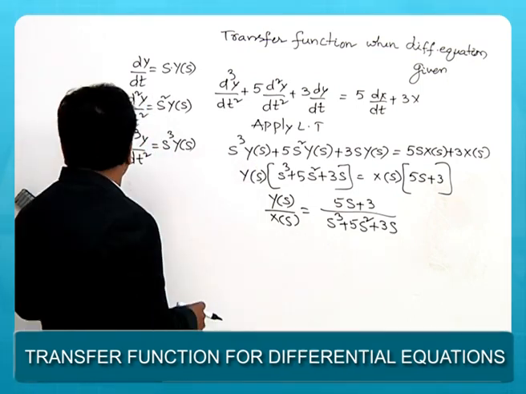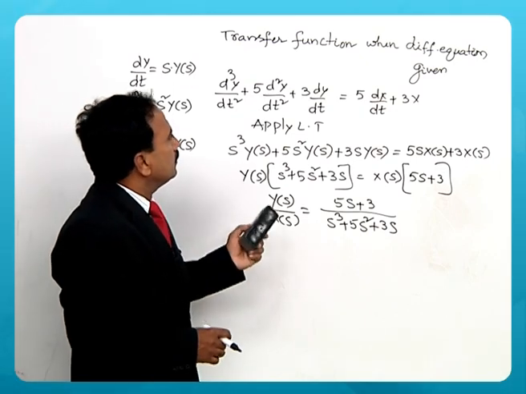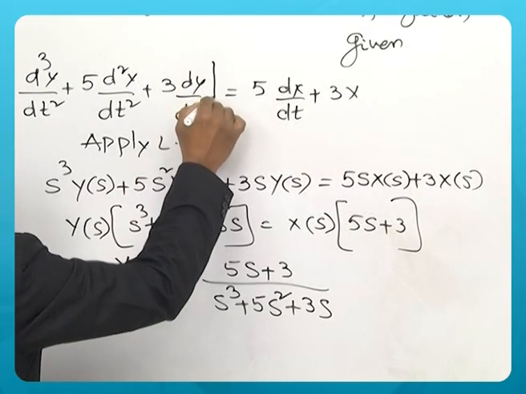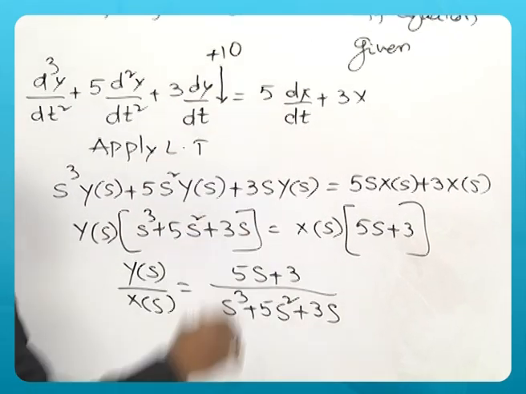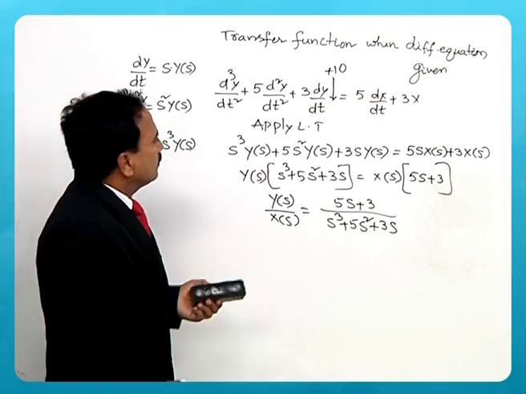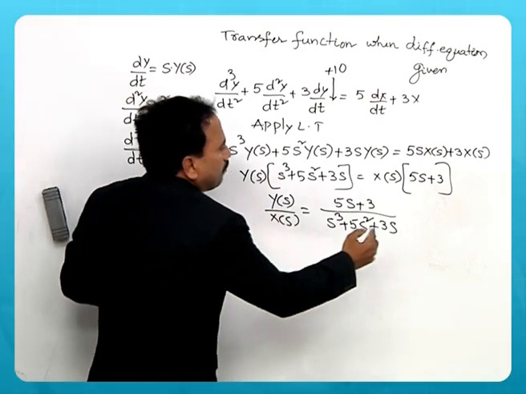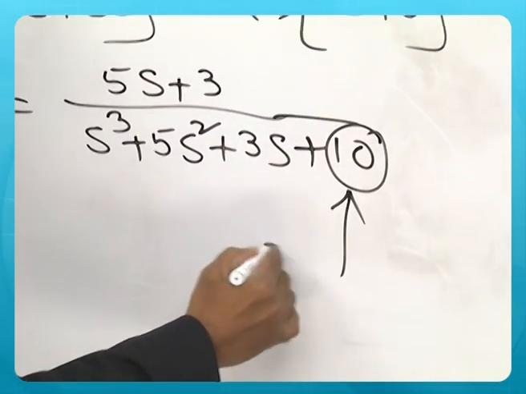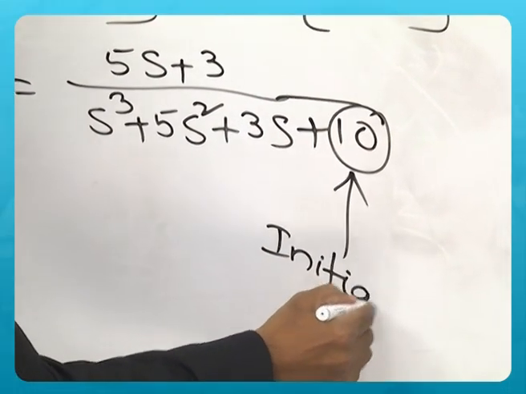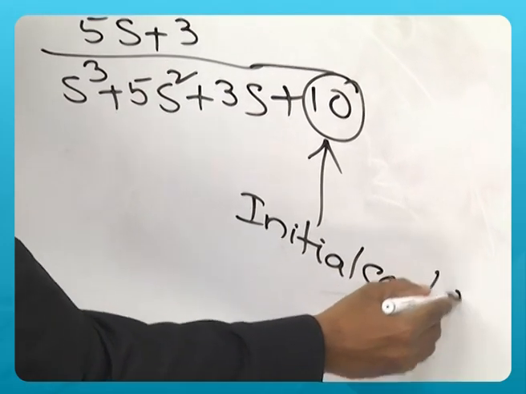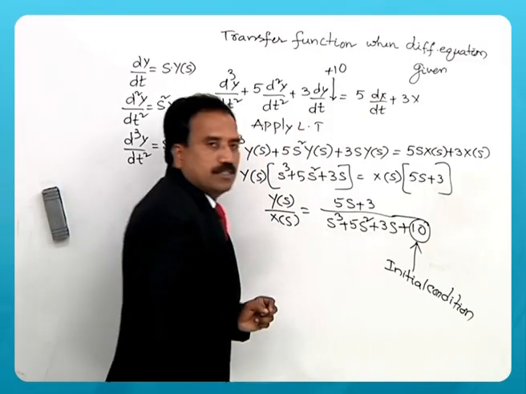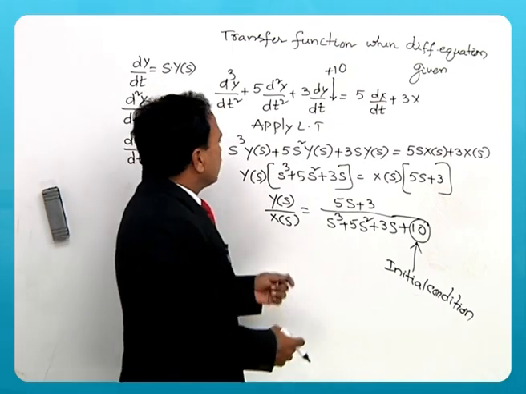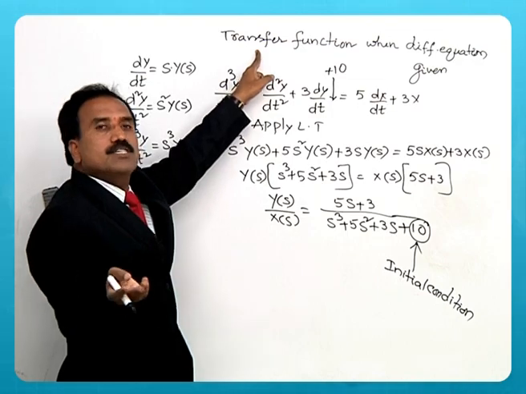Sometimes in the equation, after 3 dy by dt, you have a term plus 10. Plus 10 is a constant. So that plus 10 will appear even here also. This 10 is referred to as the initial condition. In the mathematical equation, if you observe a constant, that 10 is an initial condition, and as it is a transfer function, initial conditions are ignored.